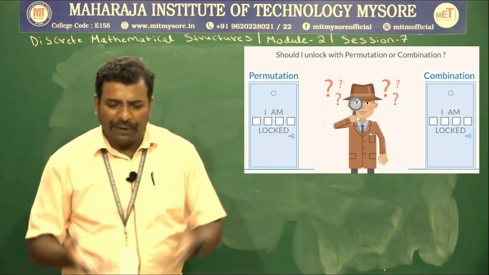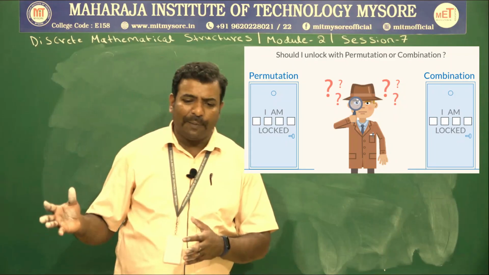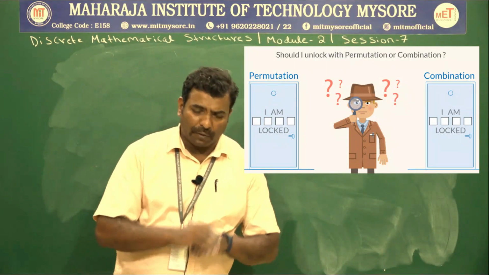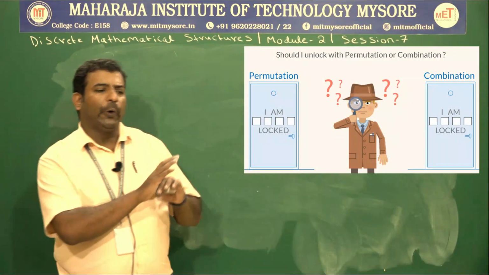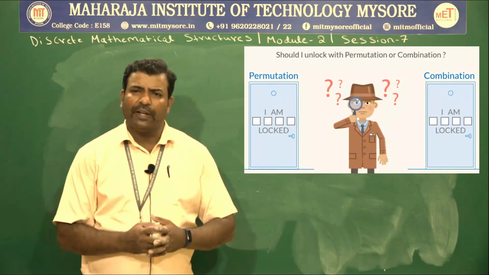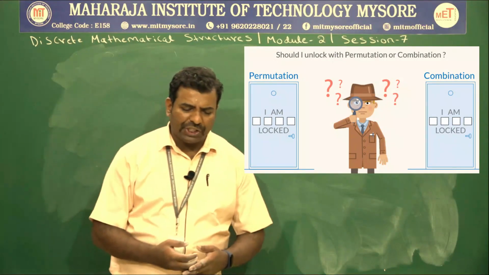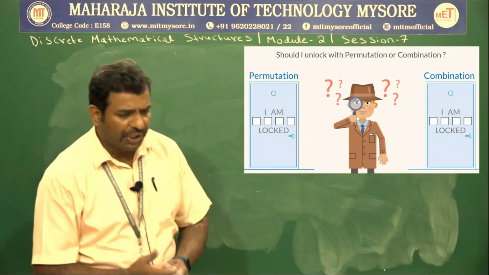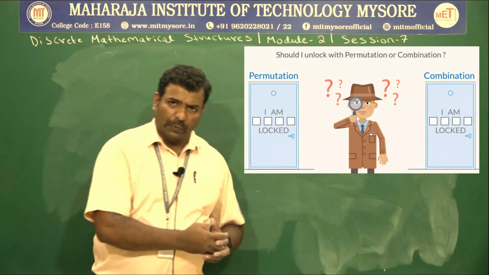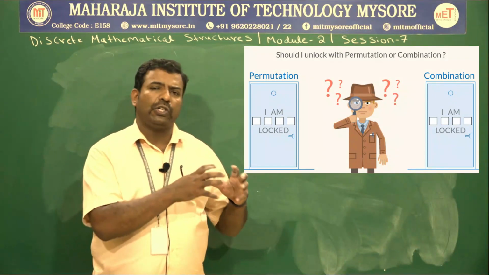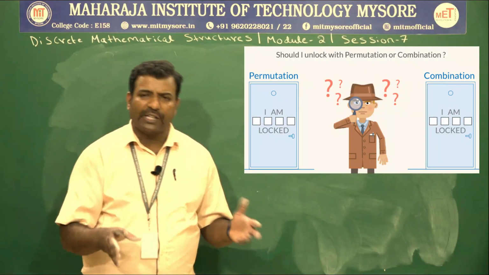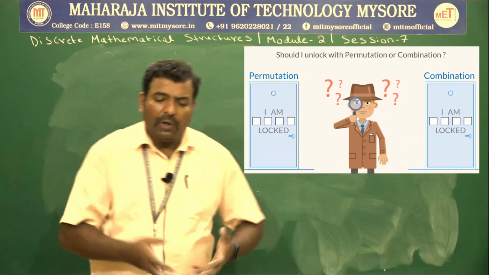Fine. So opening a locker, we'll take it as the next part, but the first part is I need to know how many ways are available for me so that I am going to open this locker. So in this scenario, do you think about permutation or do you think about combination? So now, if I am going to pick 4 objects from the 10 digits that are already available, what do I do here?